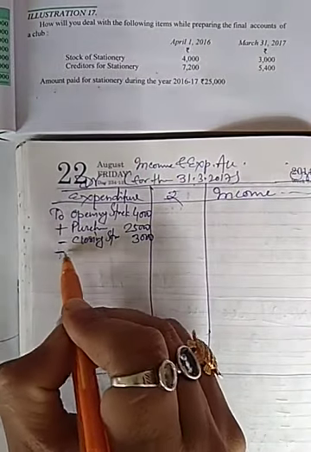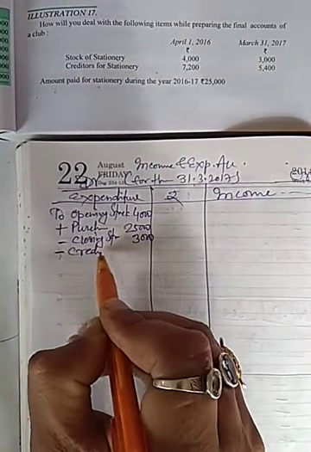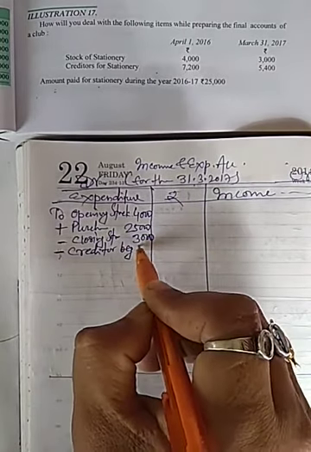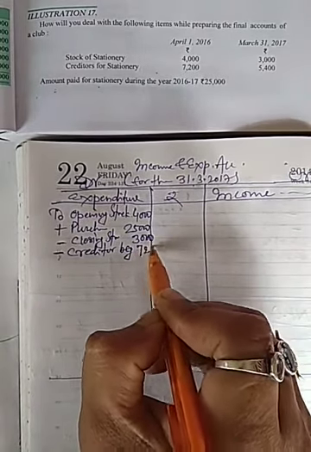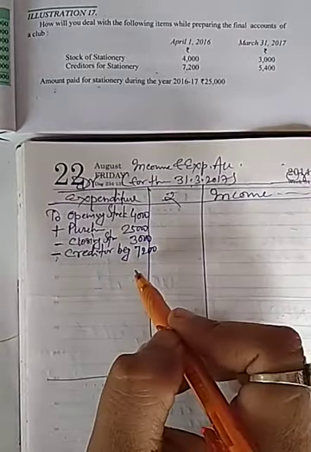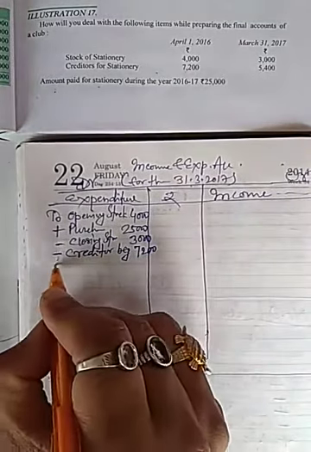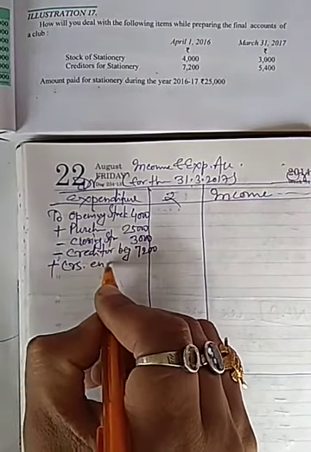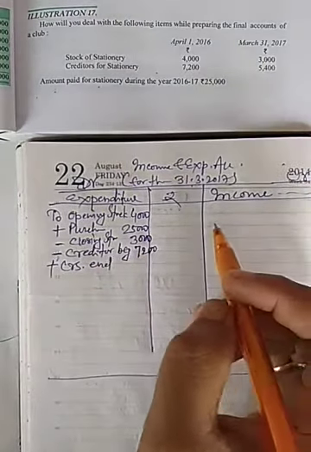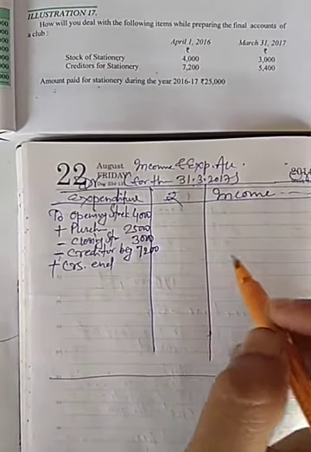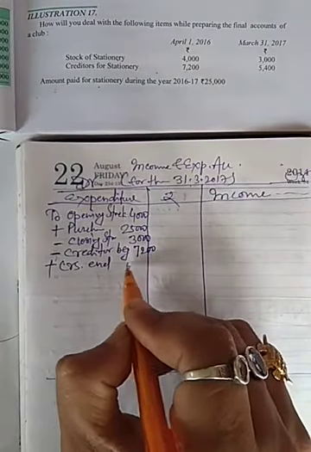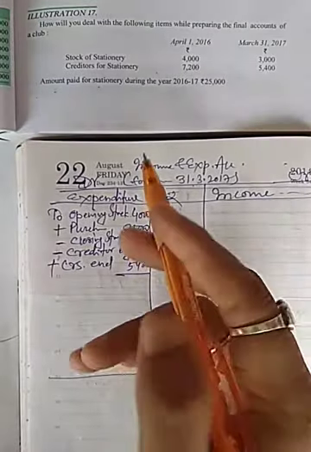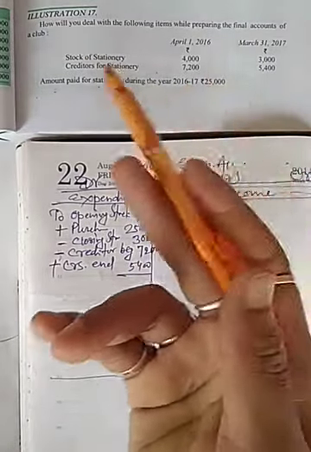So I will deduct creditors at the beginning of the year, which is given as 7,200. Now add creditors at the end of the year, which is given as 5,400. Nothing else is given in the question.